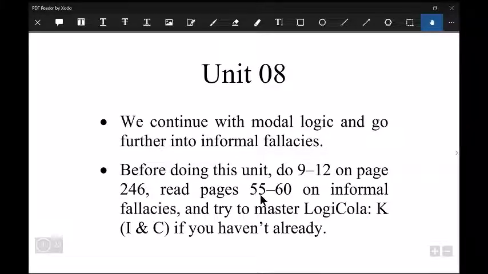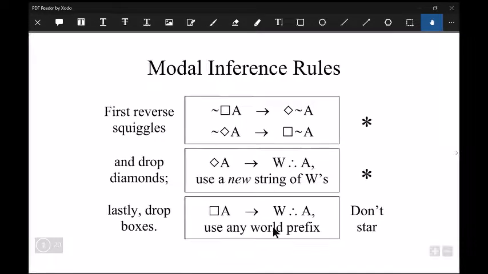Then read ahead on informal fallacies, and try to master the Logicola modal proofs if you haven't done so already. Okay, so you should be getting pretty comfortable with modal logic proofs at this point.